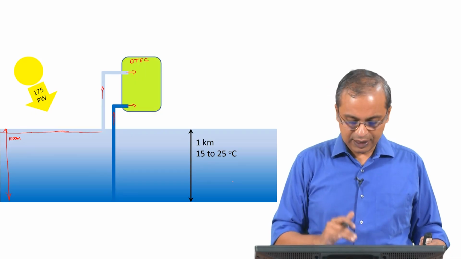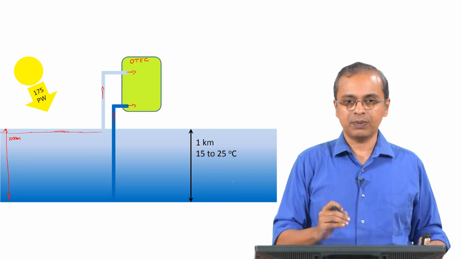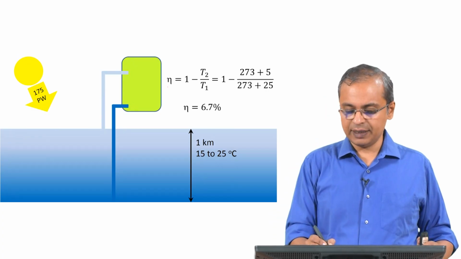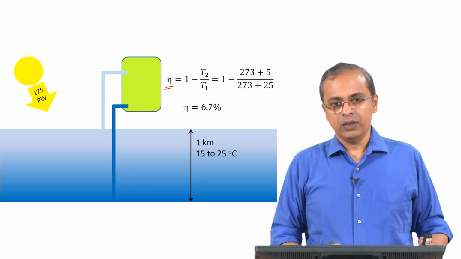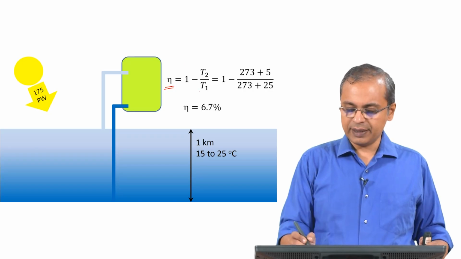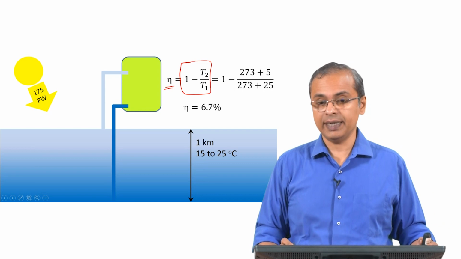Okay. So, at the top level, this is what we are doing, we have picked up cold water from the bottom, we have picked up hot water from the top. Now let us look at efficiency. If you want Carnot cycle efficiency, it is 1 minus T2 by T1, which is the best efficiency that we can get.